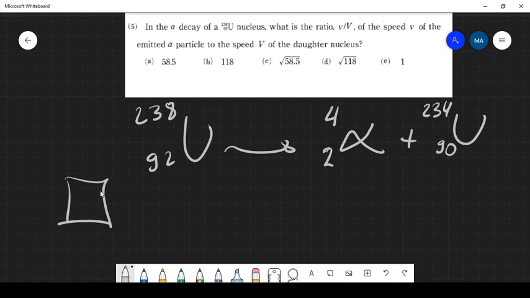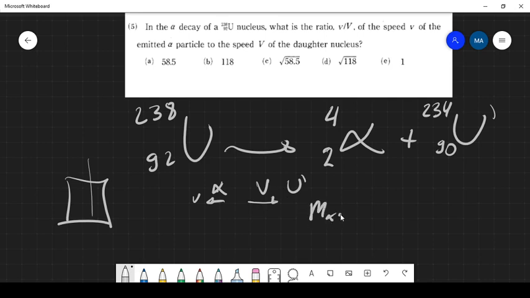So it's like you had this big body over here, and then it will explode. You will have a small v for the alpha particle, and here big V for the uranium, which is going out. So what you have over here is alpha decay. You needed to know the alpha particle and the conservation of momentum.